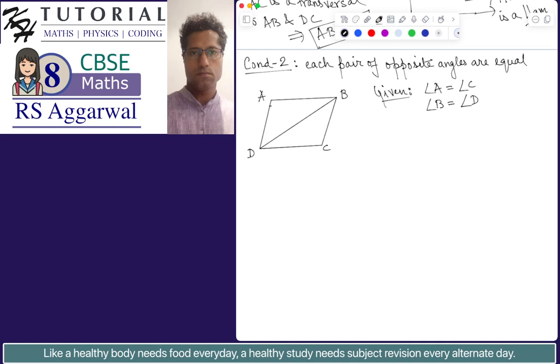We have these two angles equal. Oh no. Each pair of opposite angles are equal. I think we have to use both the diagonals.